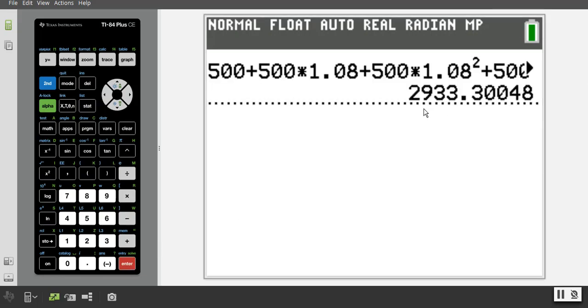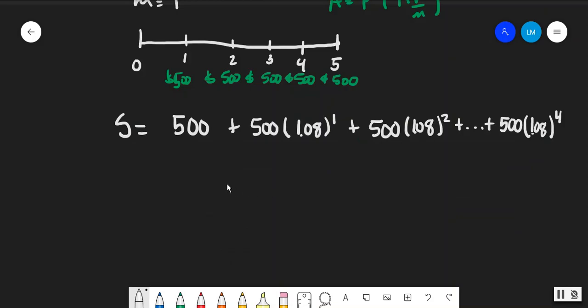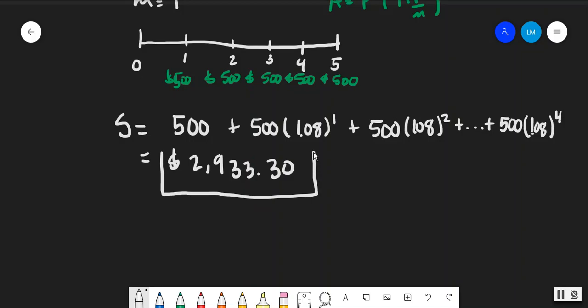Now we push enter, and we get that the final amount earned is $2,933.30. That wasn't too bad in terms of the computation, mostly because I know I can enter a computation into a calculator and it will do it for me.